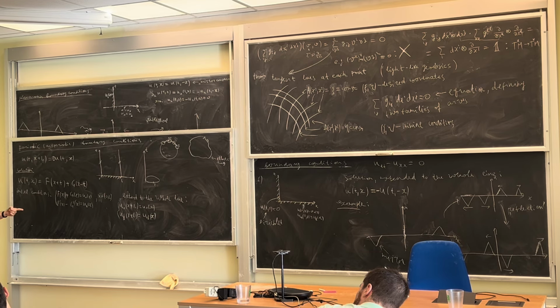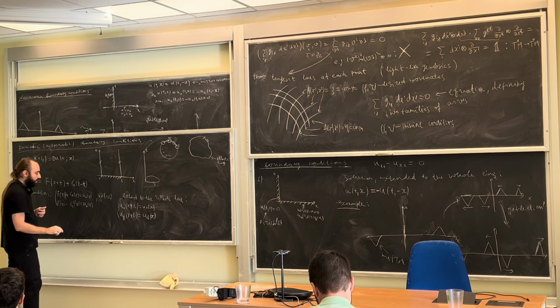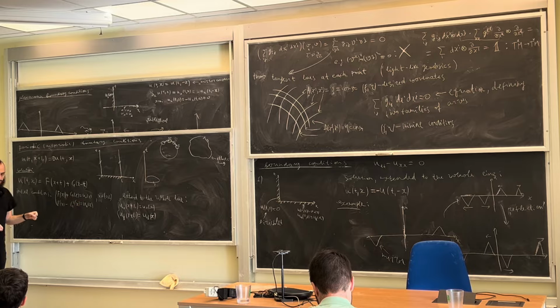So we can make the average speed of points of this ring equal to 0, and then the integral of u1 will also become periodic.